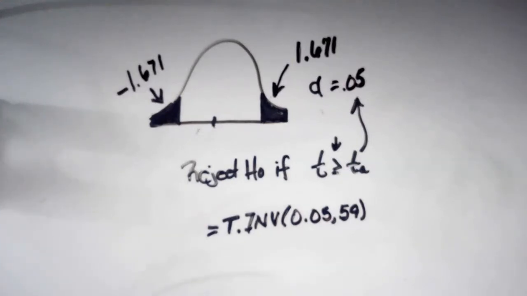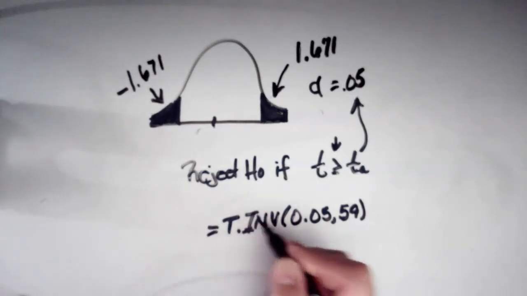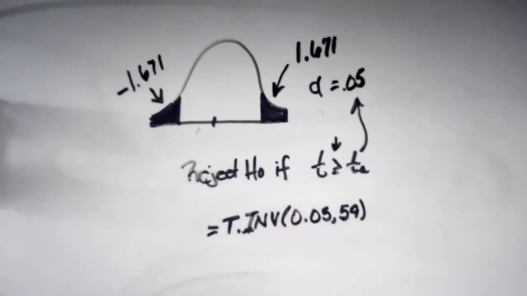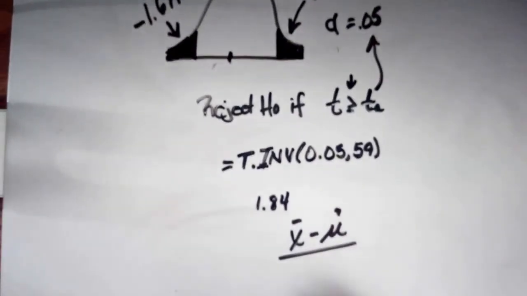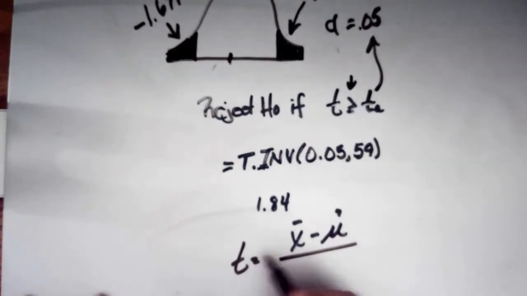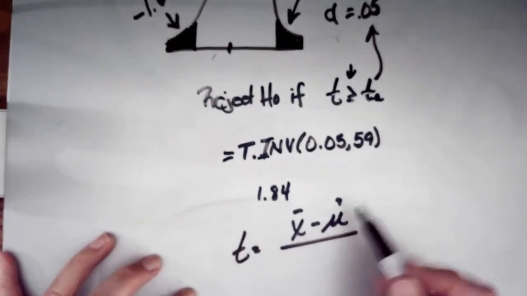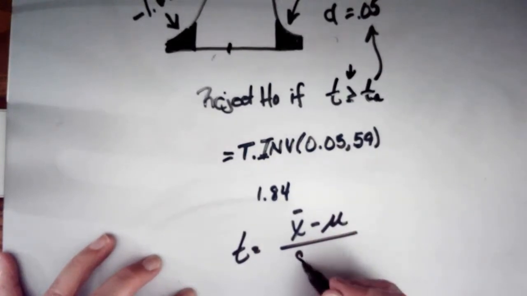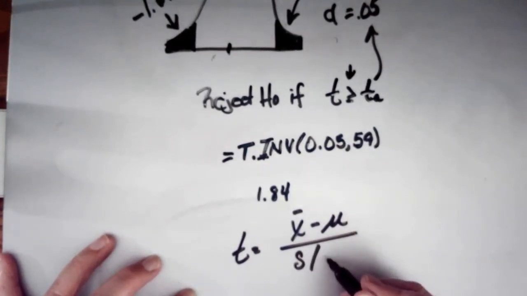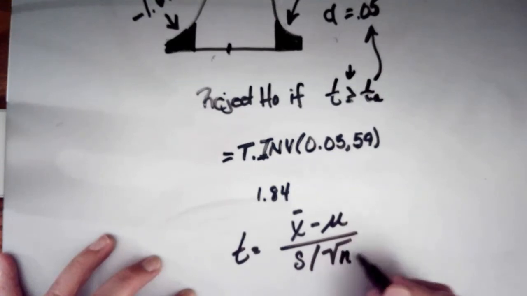If you recall, when we conducted our test in our previous video, we were looking at a score of 1.84. That was our t-value. To compute that, we took our sample mean minus our population mean of 7, over our sample standard deviation divided by the square root of n.